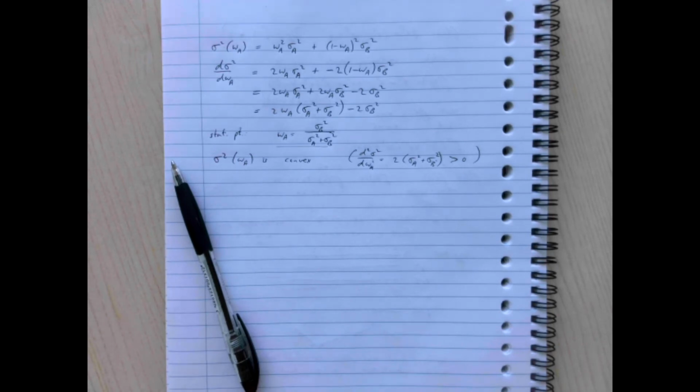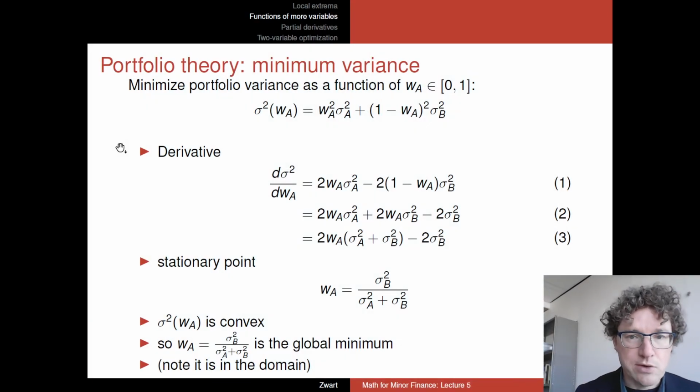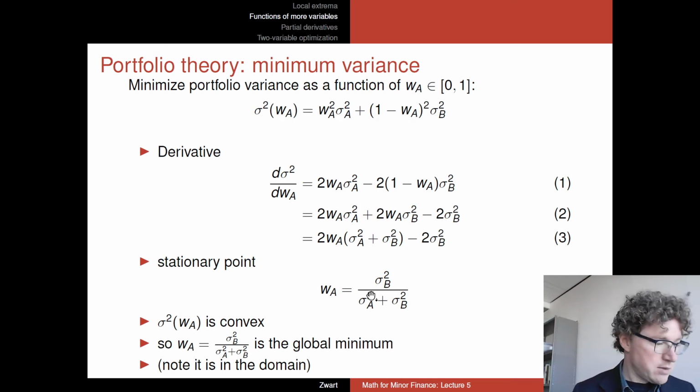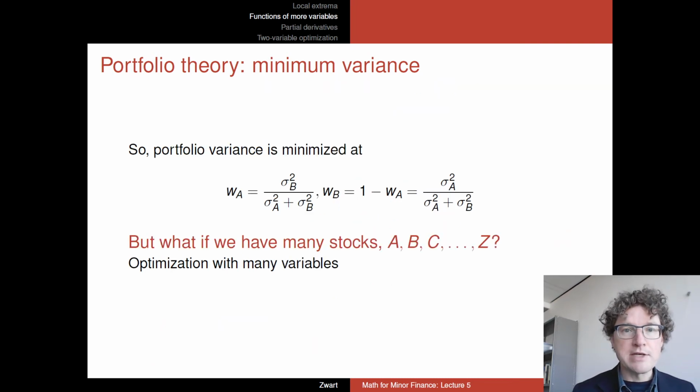Okay, so let's get back to the slide then. And those same computations are actually occurring here on the slide. So we can find this weight WA, which minimizes this portfolio variance. Okay, so far so good.